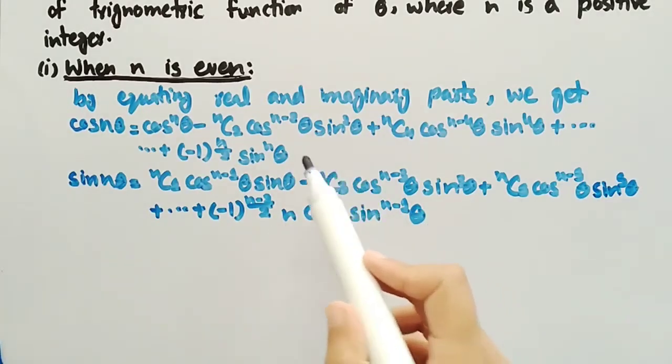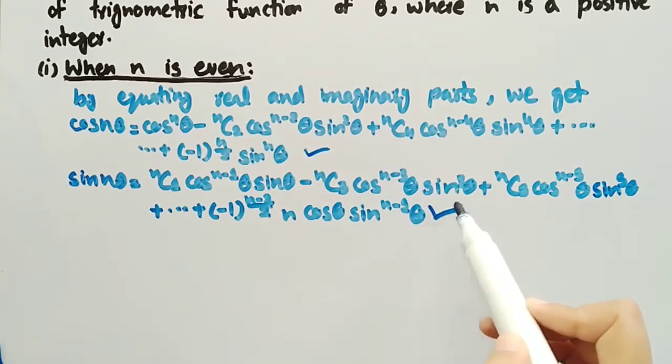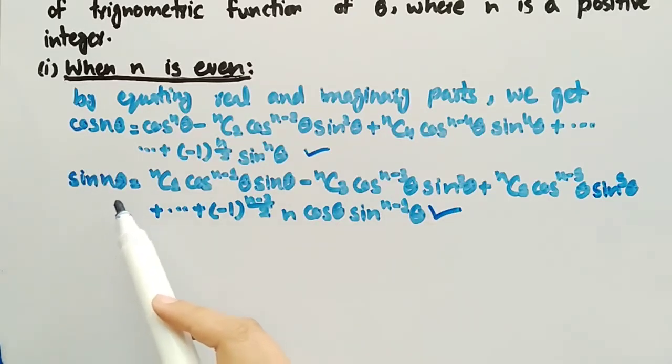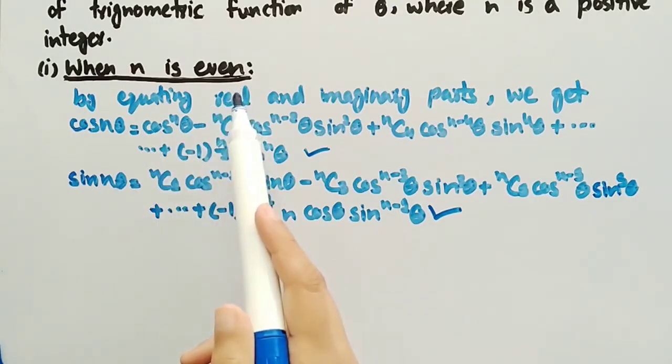So we will use these two formulas whenever we have to express cos n theta and sine n theta as the finite sums of powers of trigonometric functions of theta whenever n is an even positive integer.